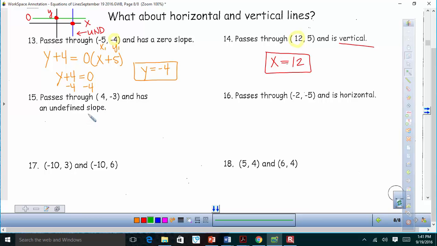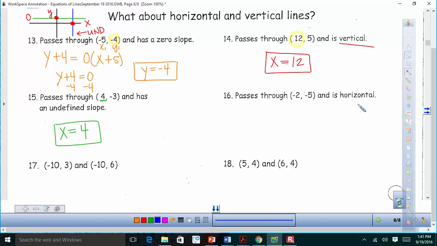Okay. Now, 15 says passes through 4, negative 3, and has an undefined slope. So undefined, does that go with x or y? X. So it would be x equals what? 4. Perfect. Exactly what you're given. And then 16 says passes through negative 2, negative 5, and is horizontal.